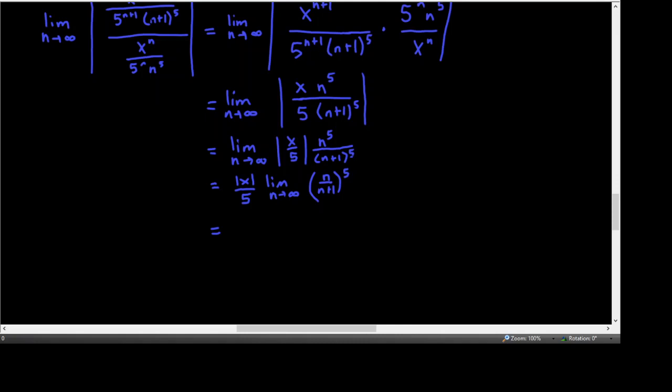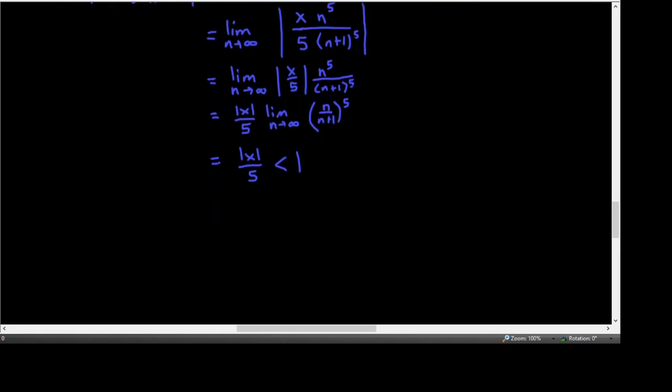And so we're left with the absolute value of x over 5. Now, for the series to converge, that limit answer, once we have it completely simplified, will converge when it is less than 1. That does not yet look like the expression absolute value of x minus c is less than r.